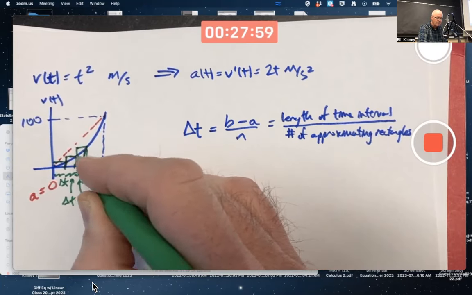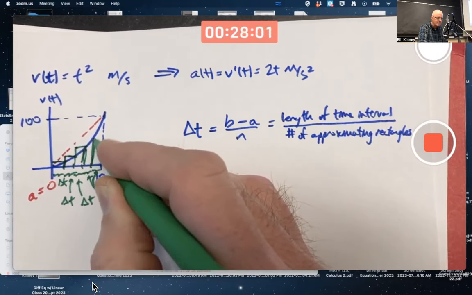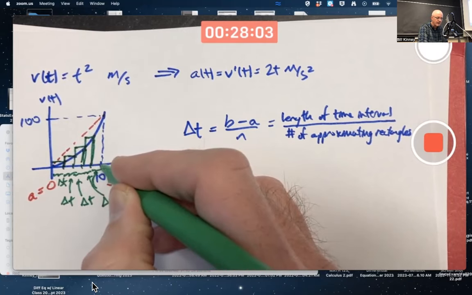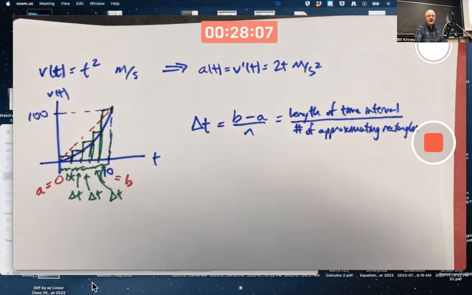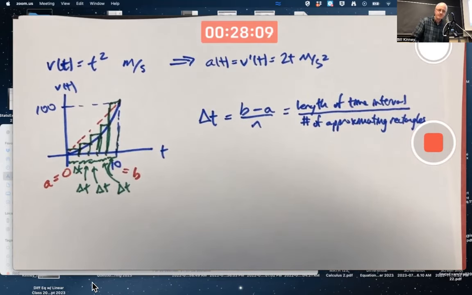Make a bunch of rectangles like this, including with the last interval, go up like this. Those rectangles have a total area that, you can see, is bigger than the total area under the blue curve.